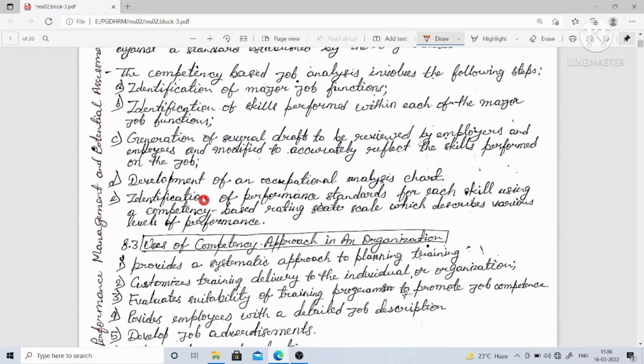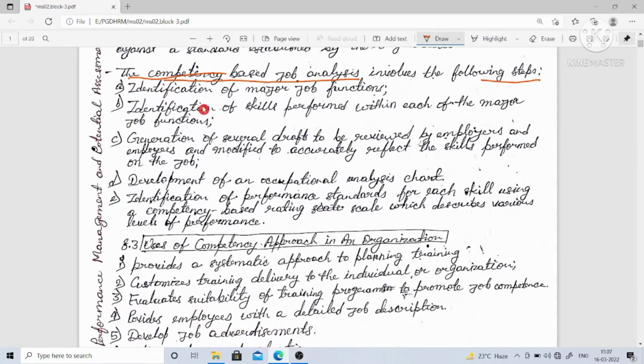The competency based job analysis involves the following steps. So the steps are given here for competency based job analysis. The first step given is identification of major job functions.